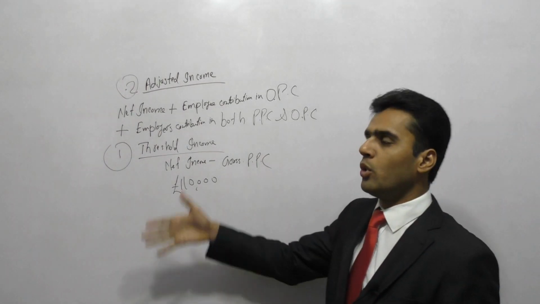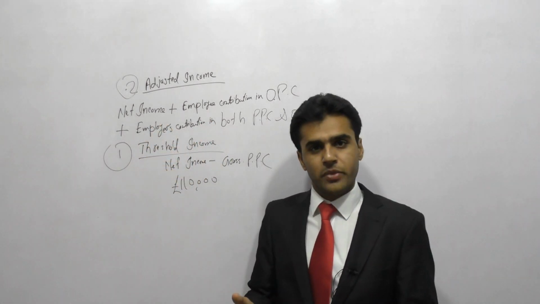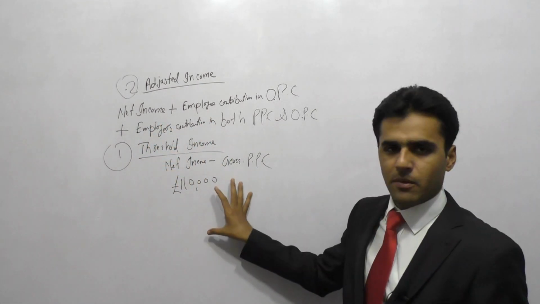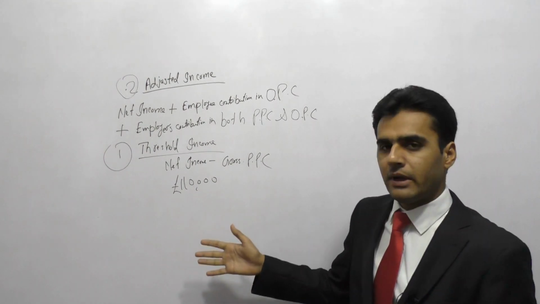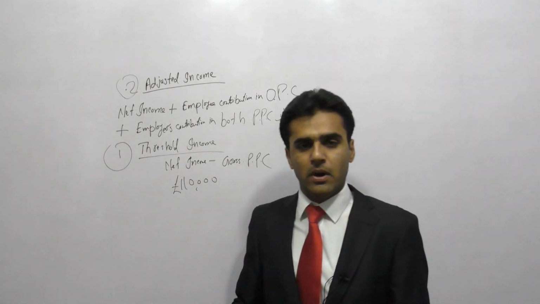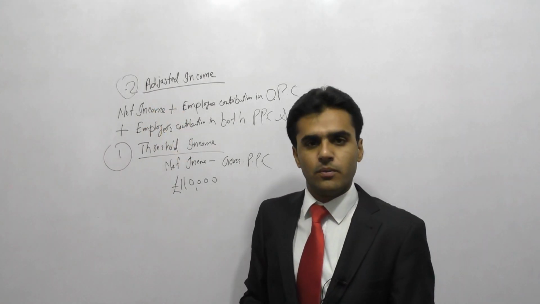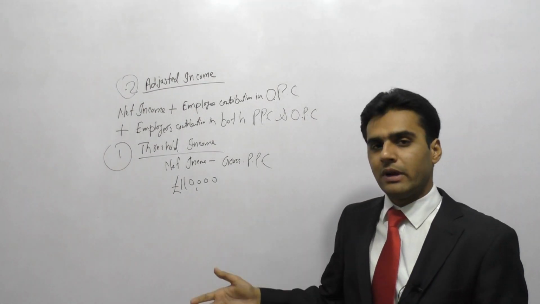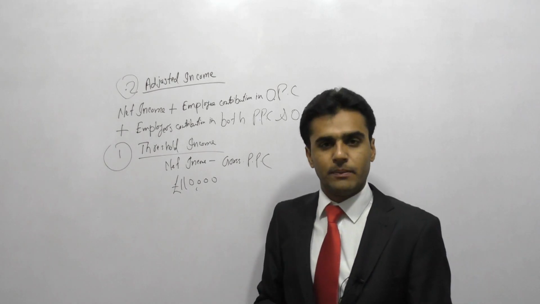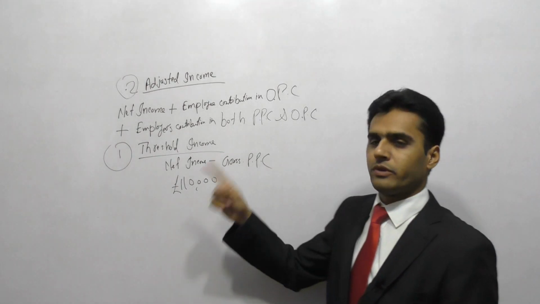We do not need to go to step number 2. All right, so first we do step number 1 and look at threshold income. If it is less than £110,000, we don't need to go to step 2. For example, if our threshold income is in excess of £100,000, then we will go to step 2.